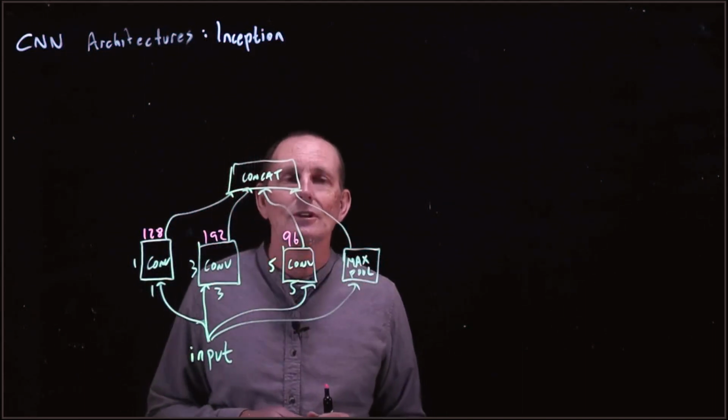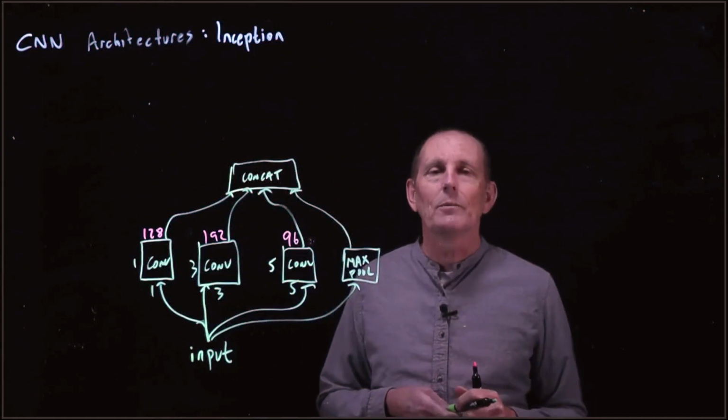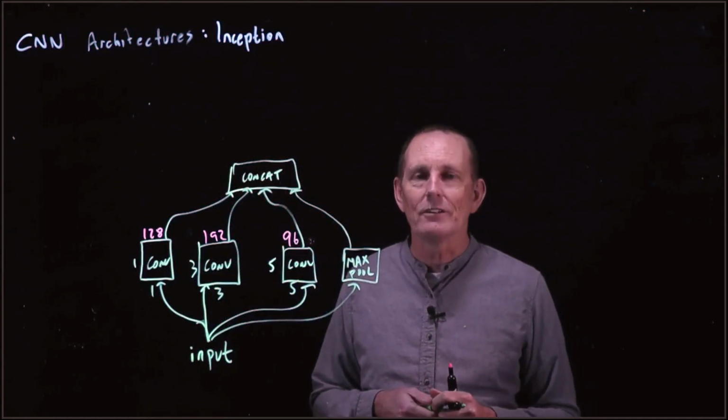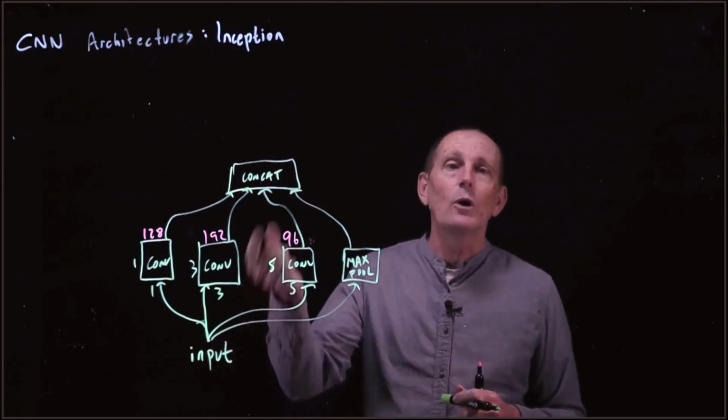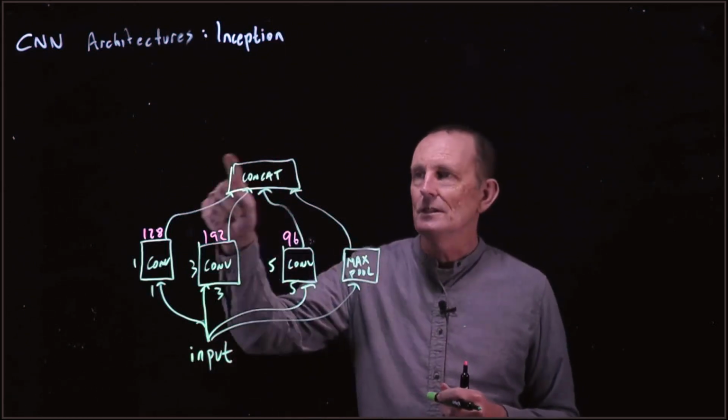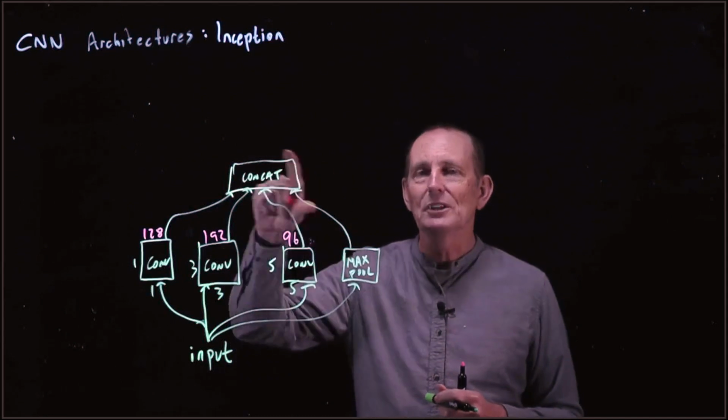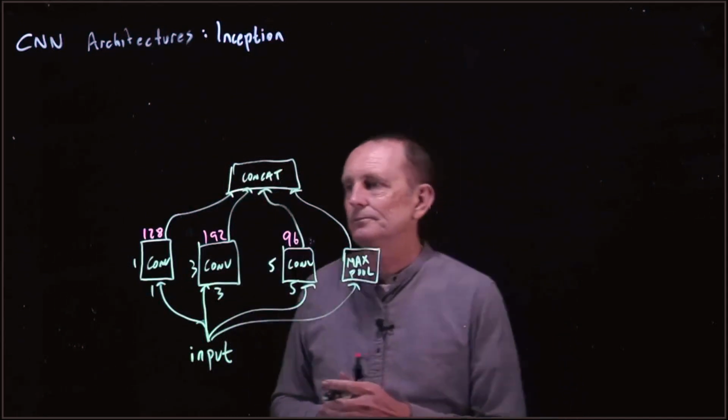So we're not going to decide whether we should be doing a 1x1 or a 3x3 or a 5x5 convolution or a max pool. Instead, at each layer, we're going to do all of them. This is our building block, the Inception module.